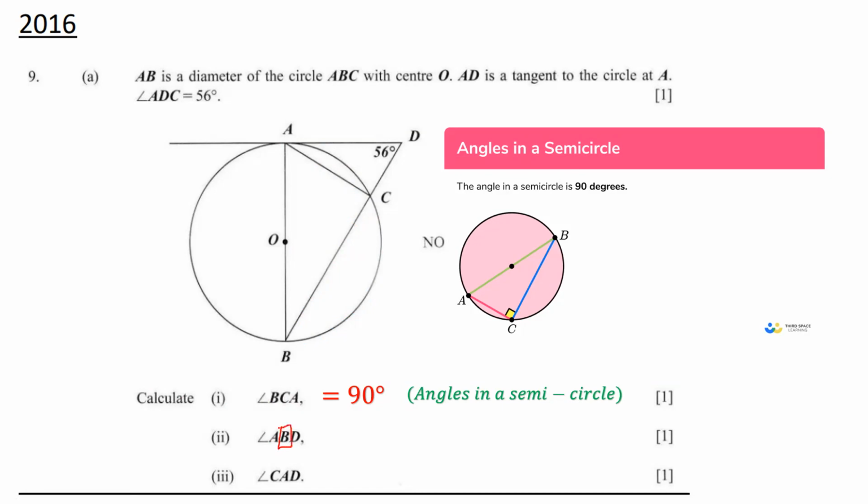So here's A, here's B, here's D. Angle ABD is going to be from angle A to B, and angle B to D.